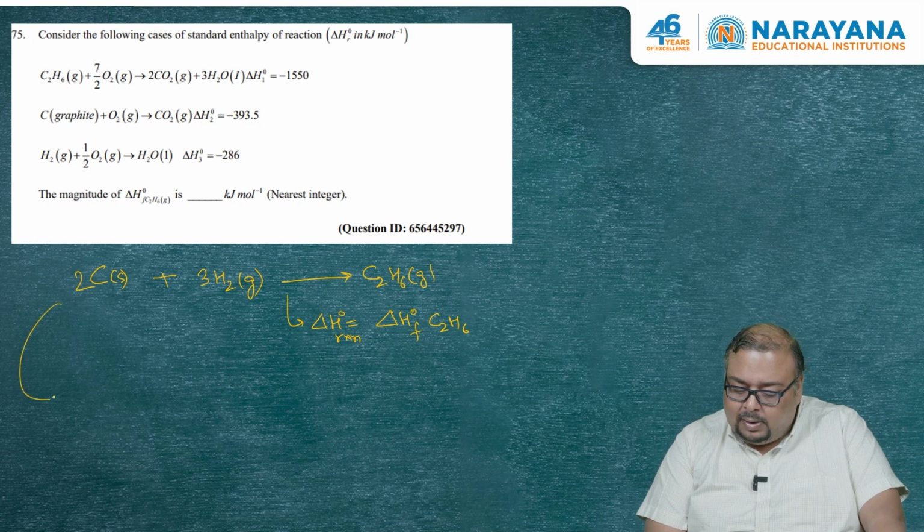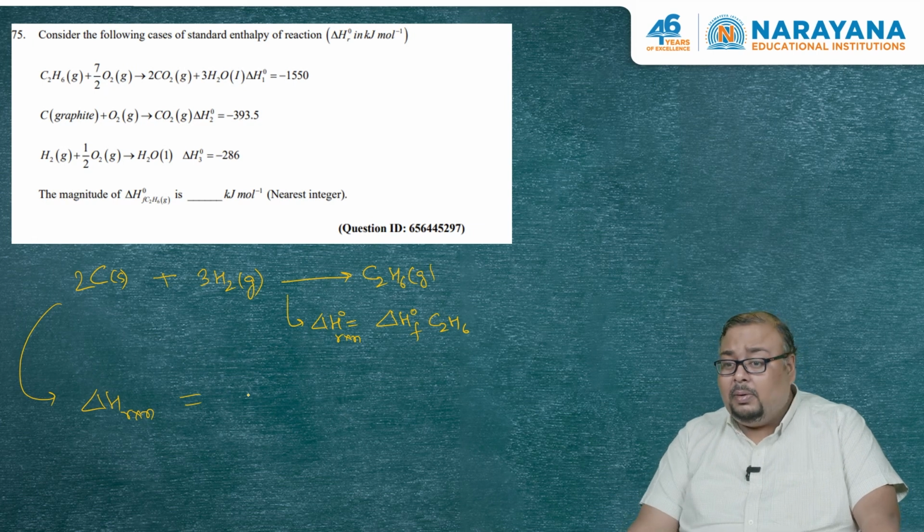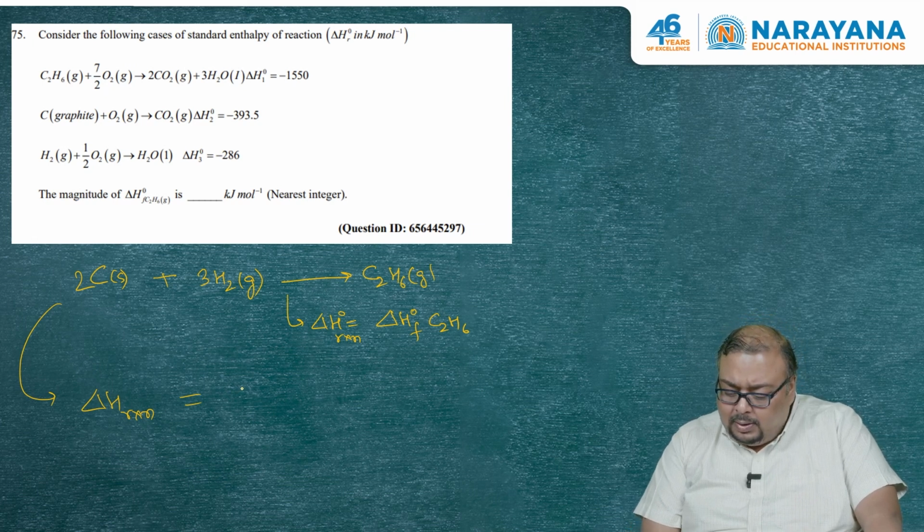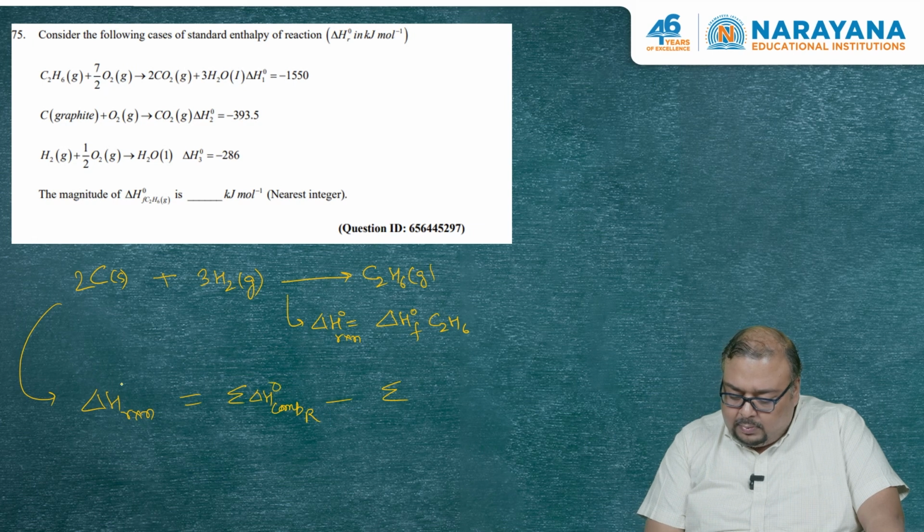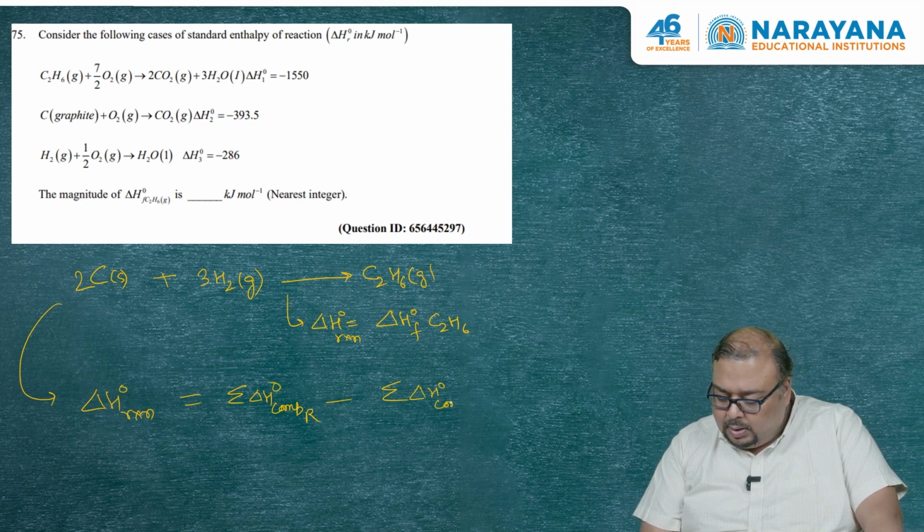So I can write delta H reaction in terms of heat of combustion as sum of combustion enthalpies of reactant minus sum of combustion enthalpies of product. So it will be sigma delta H combustion of reactants minus sigma delta H combustion of products.